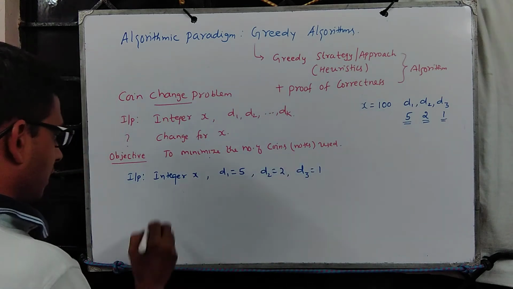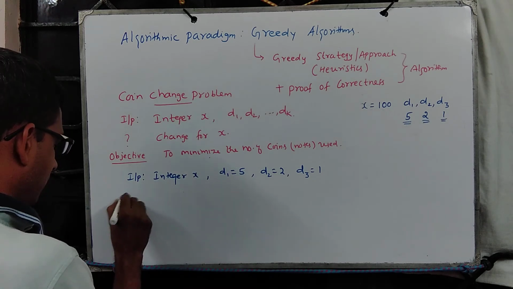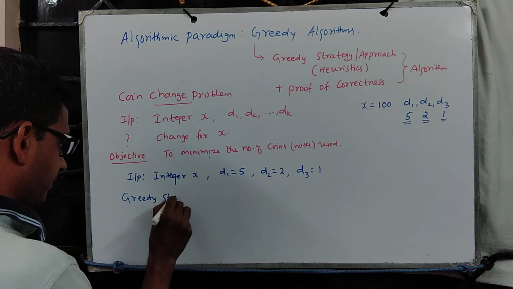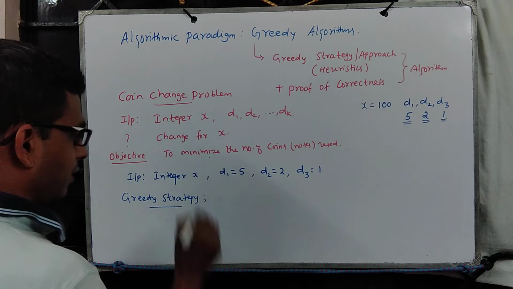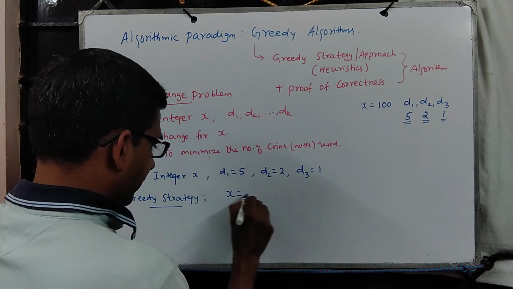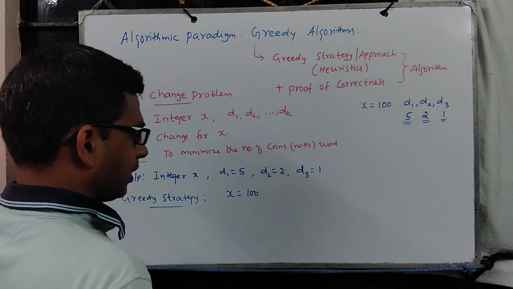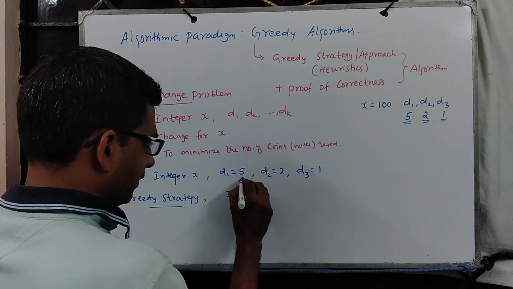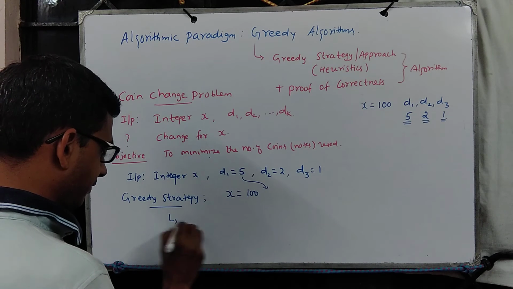Now the question remains the same: what is our greedy strategy or greedy approach? Suppose x is say 100, and we supply as many 5 rupee coins as possible. That is our greedy strategy.